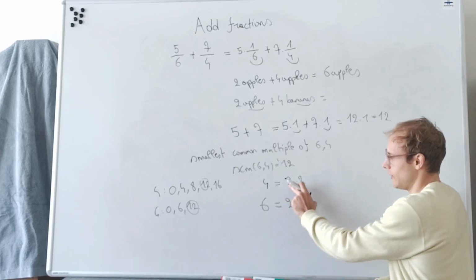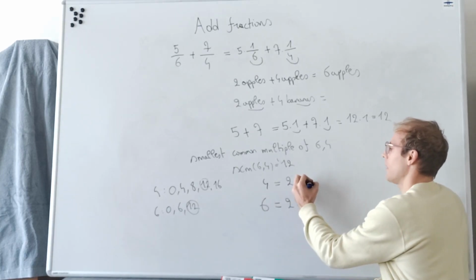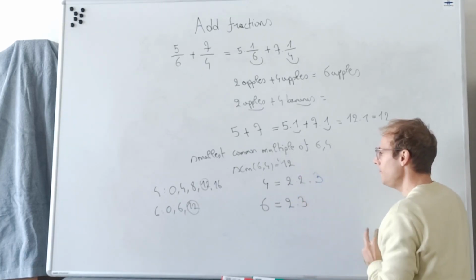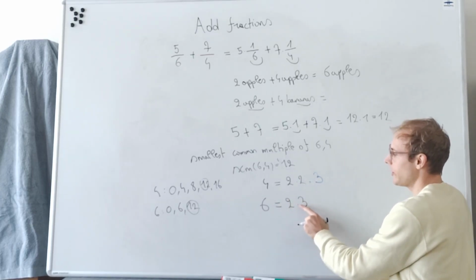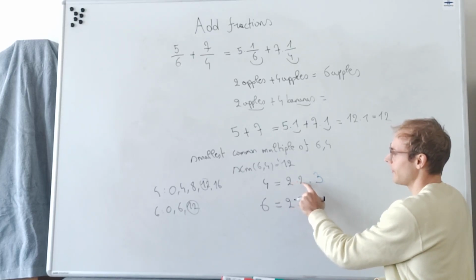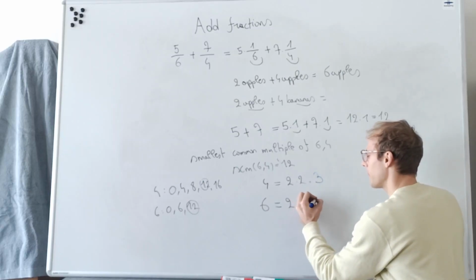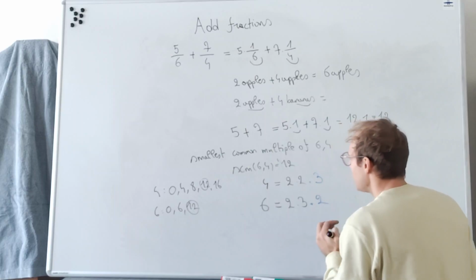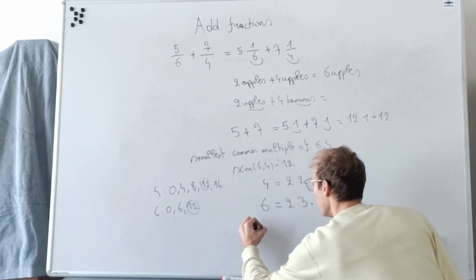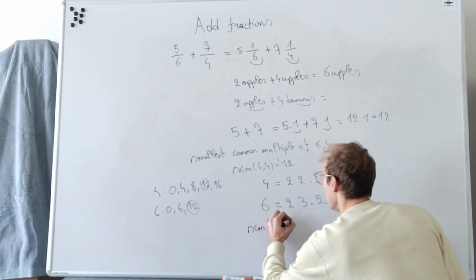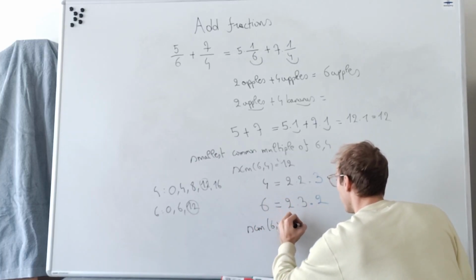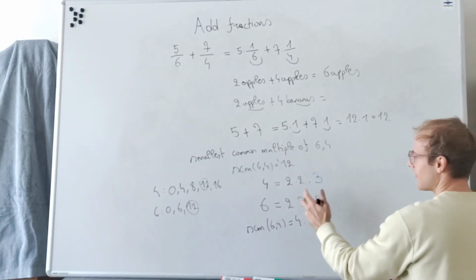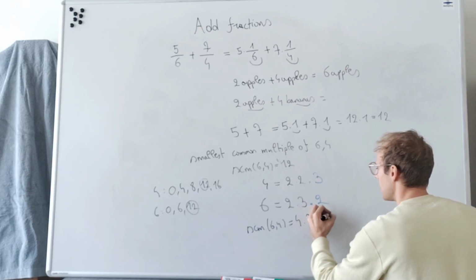So the 2 is already there, but we miss 3, so we have to multiply this times 3. And the same for 6, there is already a 2, but in 4 there are two 2s, so I have to multiply again with a 2. And then I can easily see that the smallest common multiple of 6 and 4 is, for example, 4 times, what did I add? That's 3, which is 12.